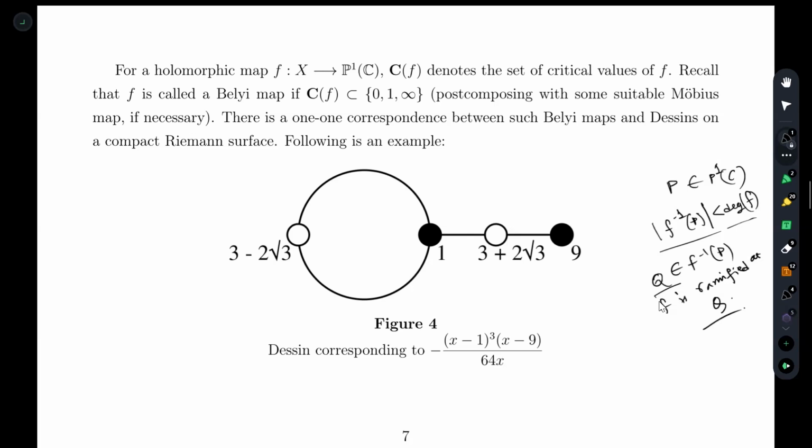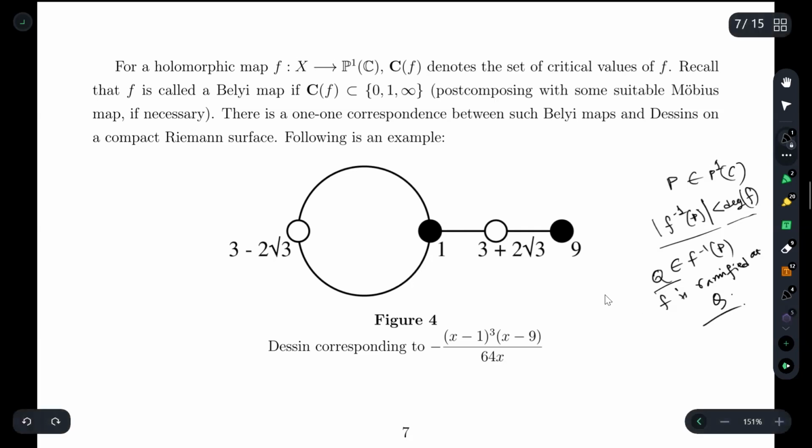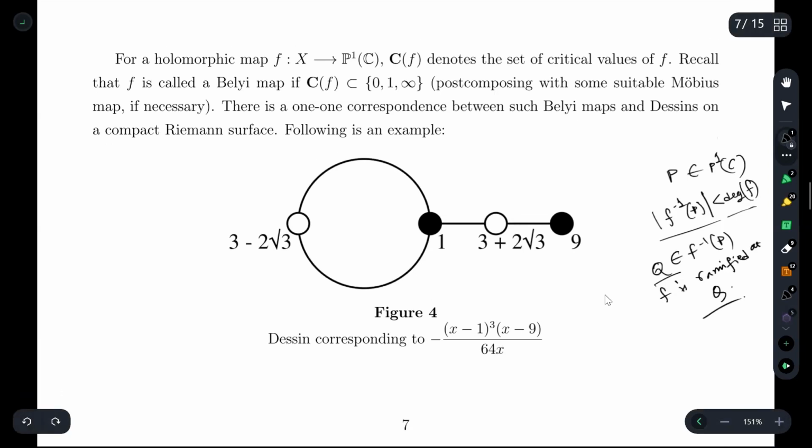So this design can be drawn on which Riemann surface? Yeah, you can just compute the Euler Poincare characteristic.